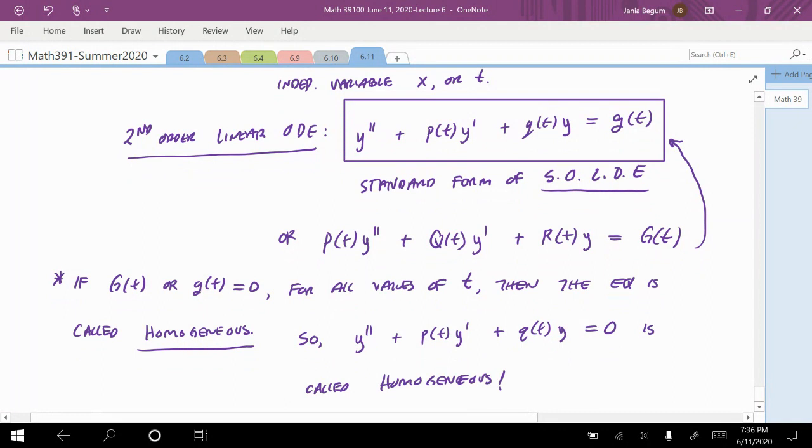Now, from this section and up to 3.3, we're going to be working with constant coefficients. So p of t and q of t are constant.